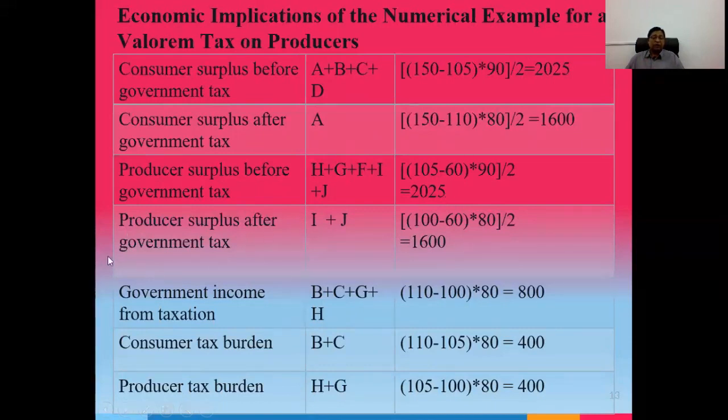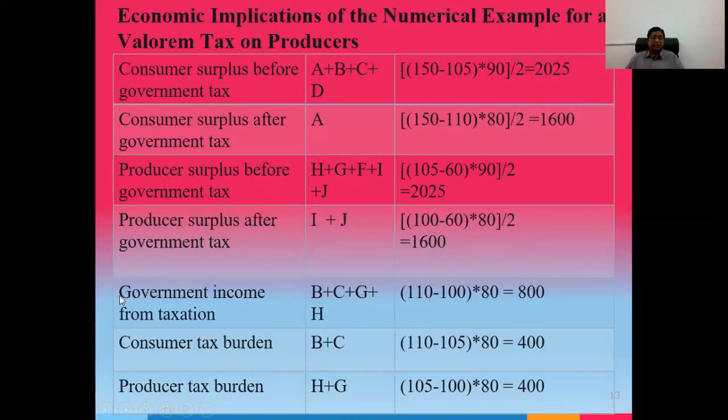Then producer surplus after tax is given by I plus J. That is the price difference into new equilibrium quantity divided by 2. Then producer's surplus after government tax is 1,600.